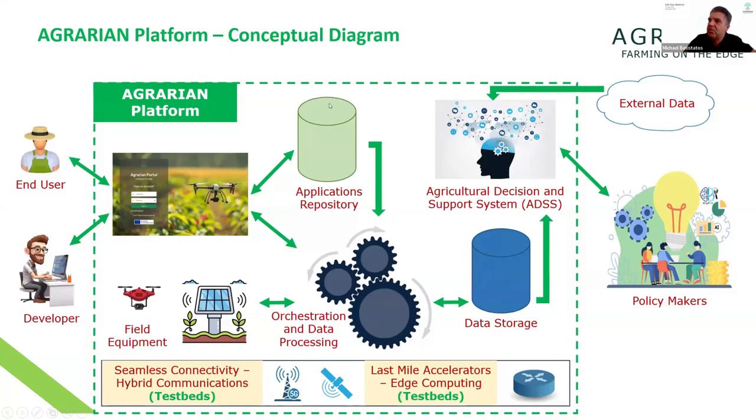We have the applications repository, where the applications that the developers develop are stored. And we have some portals, either for the end users or for the developers, in order to communicate with the platform. So this is the high-level generic concept of Agrarian.